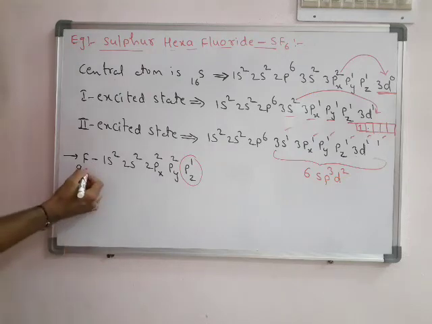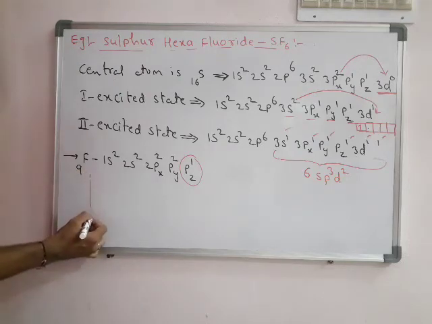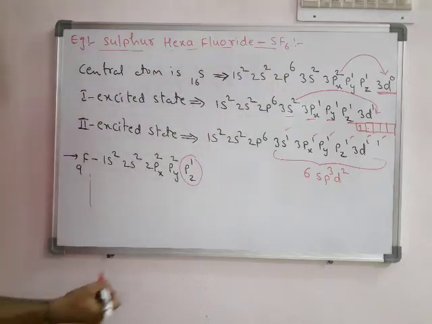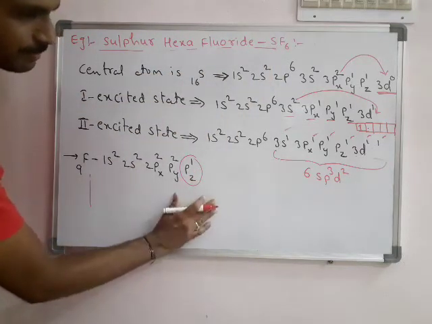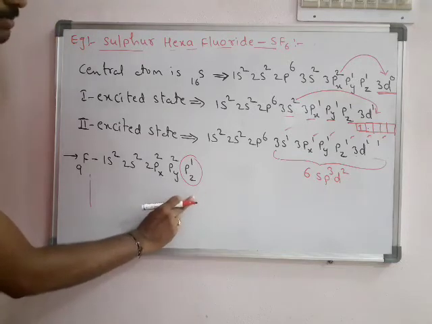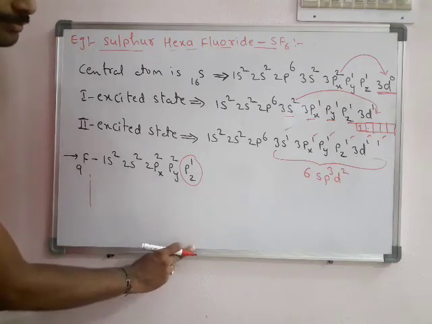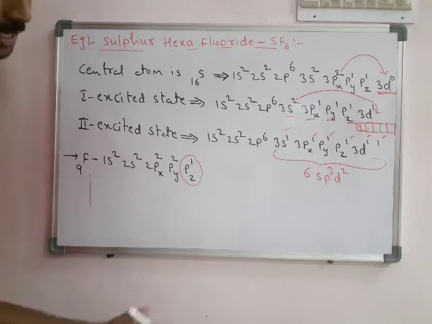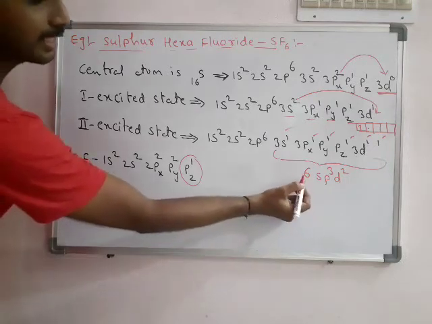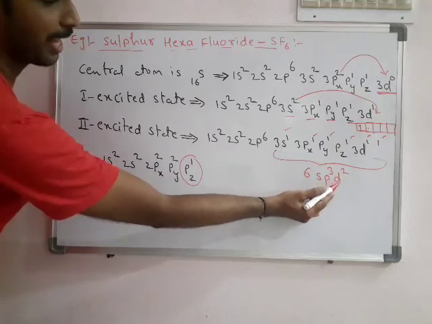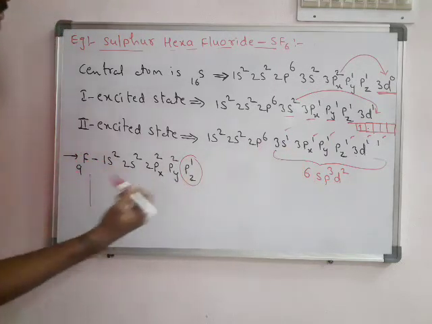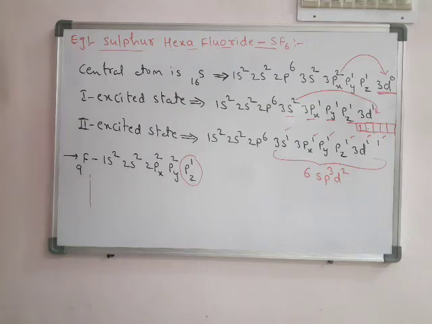So like this, how many are there? There are 6 fluorines. So 6 pz1 are there. The 6 pz1 overlap with the 6 different sp3d2 hybrid orbitals of sulfur. Just understand carefully.